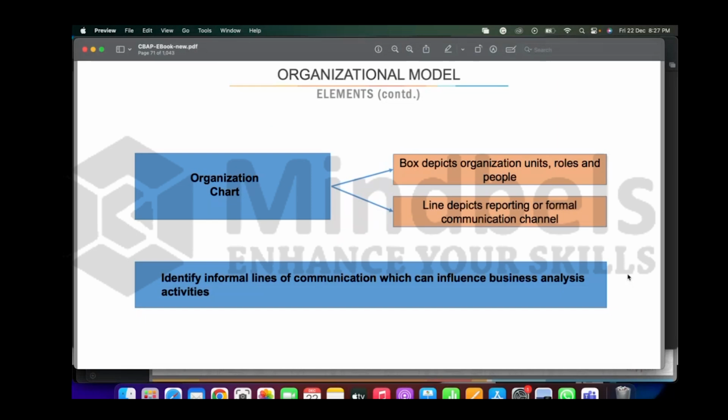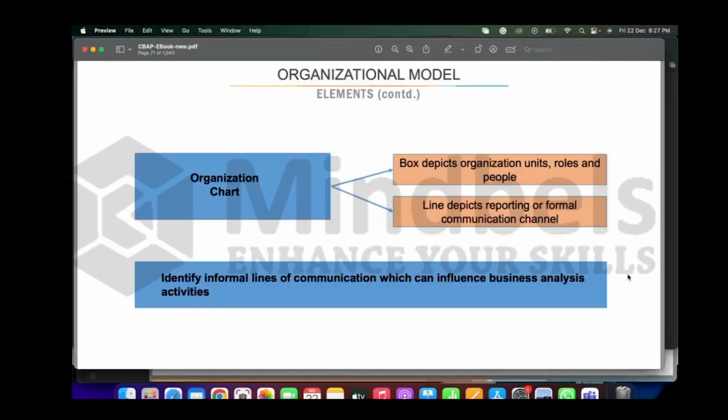Identify informal lines of communication which can influence BA activities. Now, you know what happens? Why do you think you need this org chart or matrix of hierarchy? If, let's say, things don't go well with the current team you're working with in the company, and it doesn't go well between you and those people, what happens next?